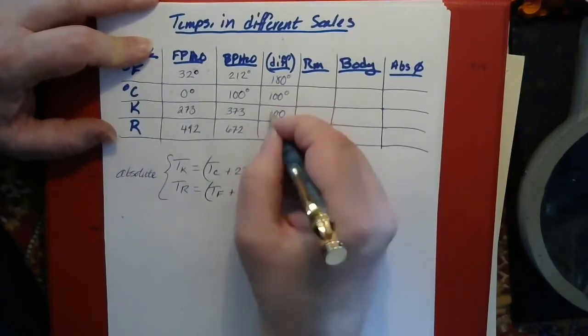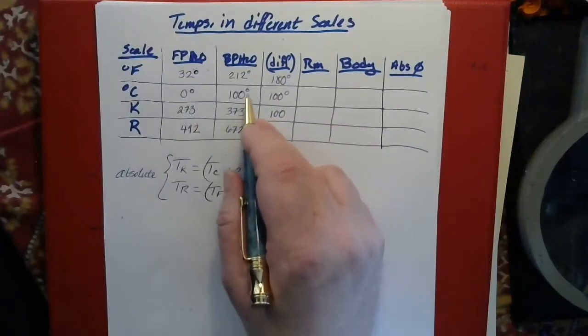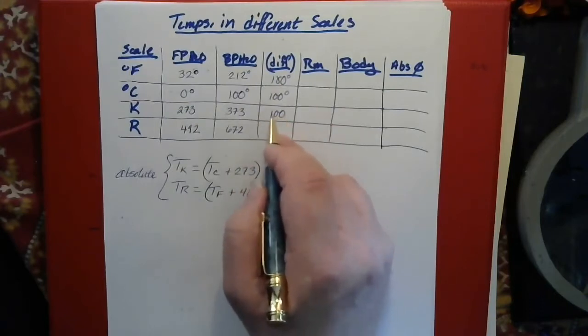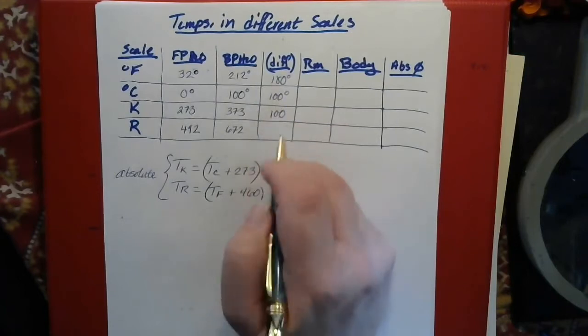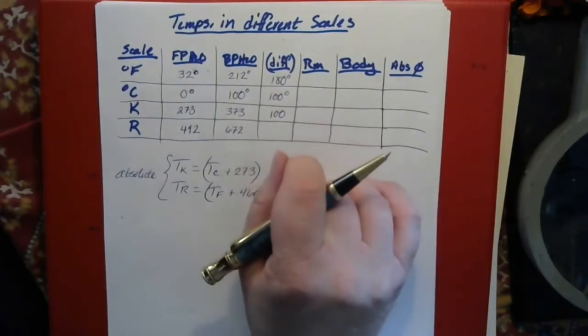This points up something that can be useful for future reference, and that is that while individual temperatures are different in Celsius and Kelvin, temperature changes or differences in temperatures are actually the same in Celsius and Kelvin, because each degree is the same size in Celsius and Kelvin.